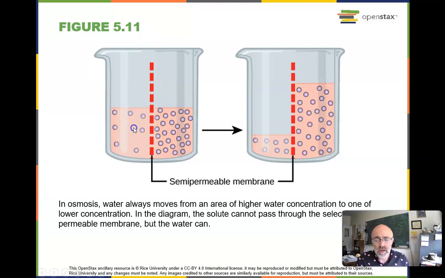But the same rules apply. I said it's passive transport, so we can only move down concentration gradients. This one is kind of confusing until you think about it this way: what's the concentration of water on the left side of the gradient here? Is there more water per volume or less water per volume?